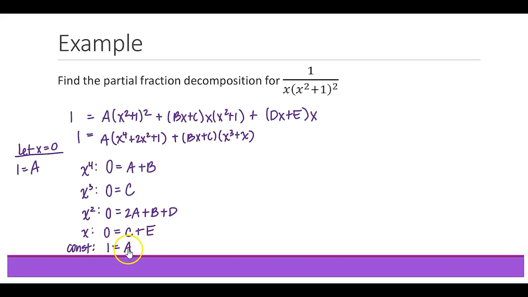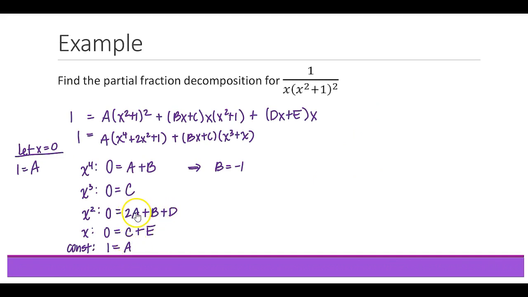So a is equal to 1. I can plug that in to the first equation. So if a is equal to 1, that means b must be equal to -1, because 1 plus -1 gives me 0. Here, we just have c is equal to 0. That's given. And then let's see. We can solve for d because we have the values of a and b.